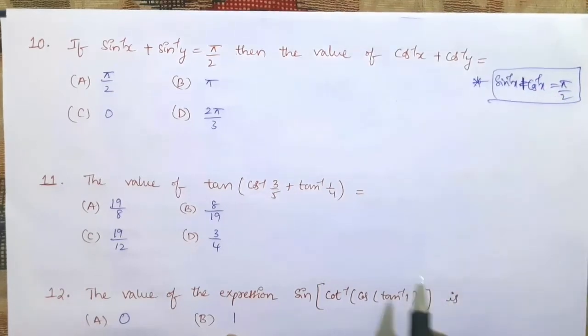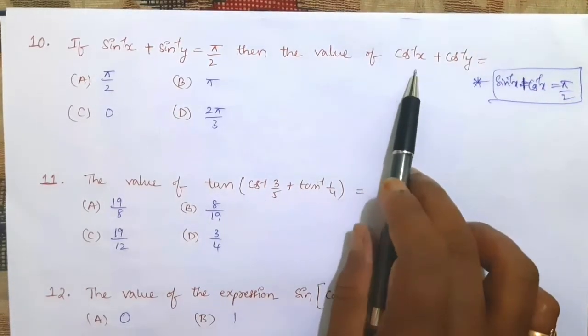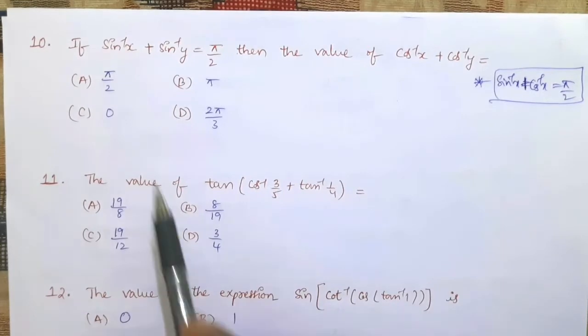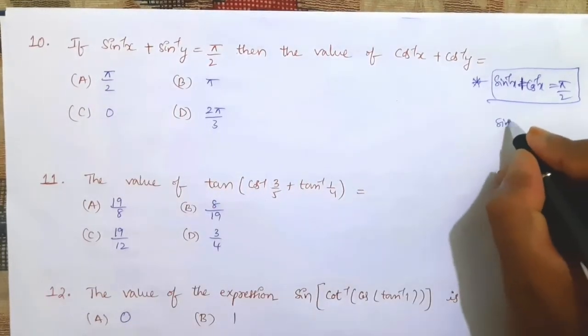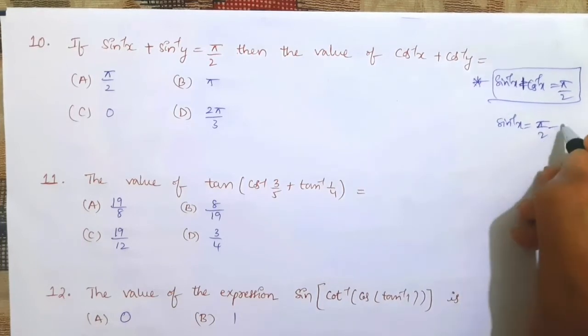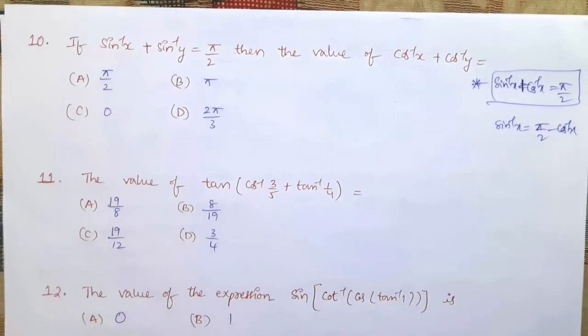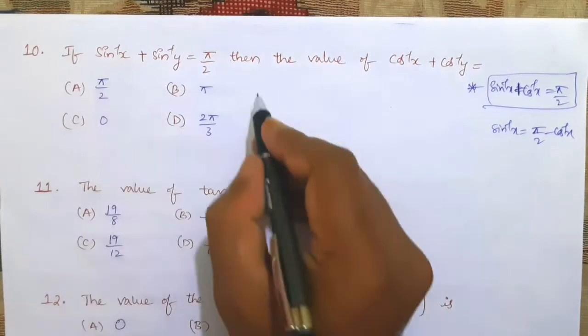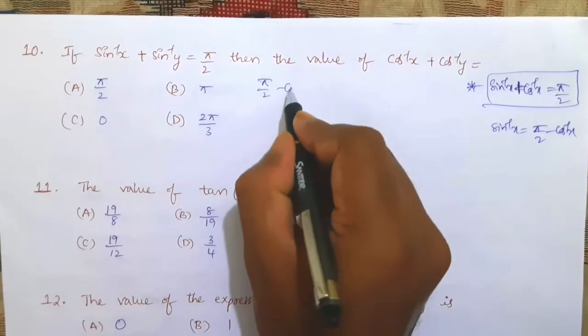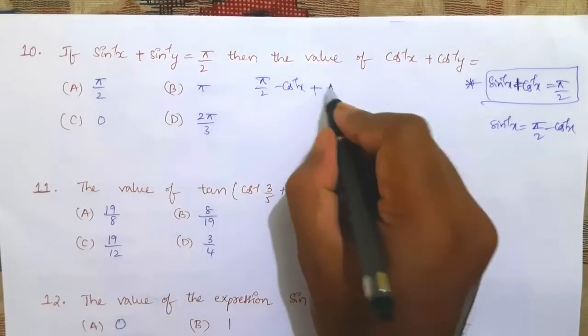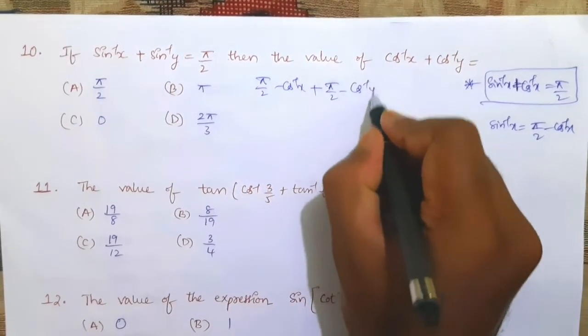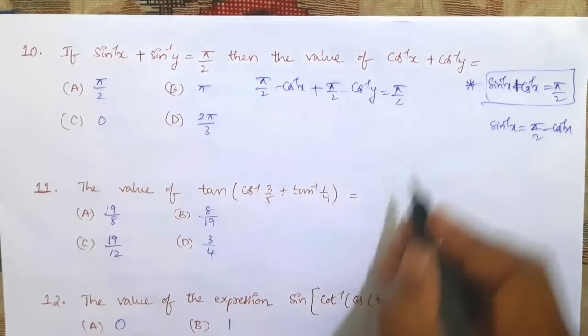As they are asking in terms of cos inverse and it is given in terms of sin inverse, we convert sin inverse to cos inverse. Sin inverse x is equal to pi by 2 minus cos inverse x. Similarly, sin inverse y means pi by 2 minus cos inverse y, which is equal to pi by 2.